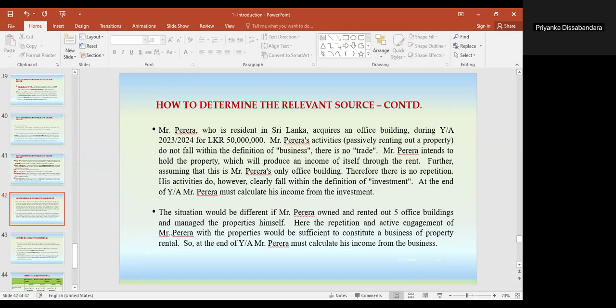In the second situation, he owned 5 buildings and he rented out all those buildings, and there is repetition and active engagement. So can you see the difference between these two situations? Can you understand the differences between the two situations?